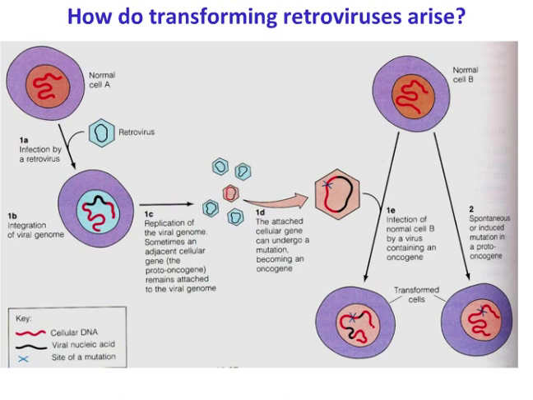There are two basic mechanisms by which RNA viruses, or retroviruses, can cause transformation. Retroviruses normally integrate their genomes into the host cell and then use the cellular transcription machinery to replicate the viral genome. If the virus integrates at the site adjacent to a proto-oncogene, occasionally read-through transcription will transcribe part of that proto-oncogene along with the viral genes.